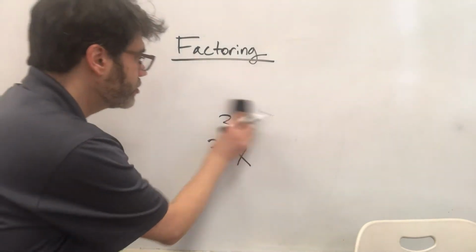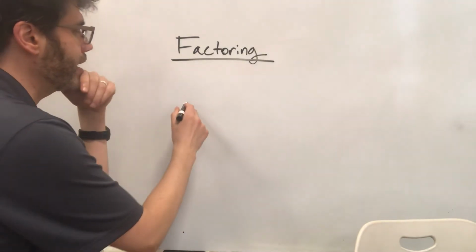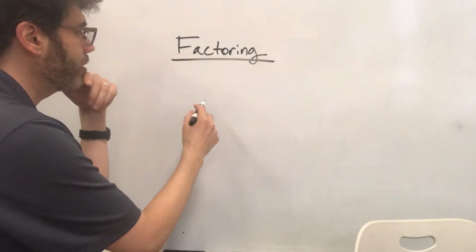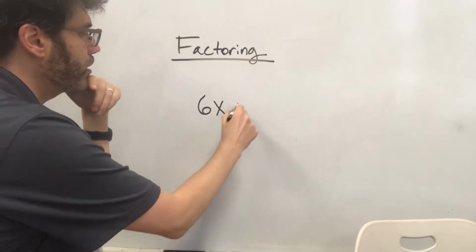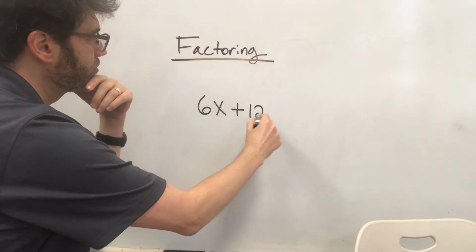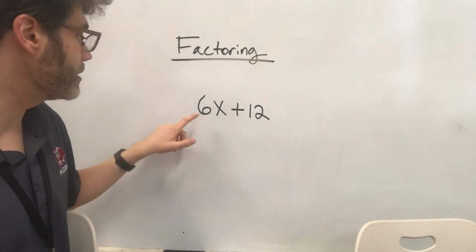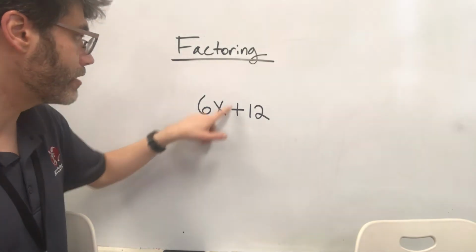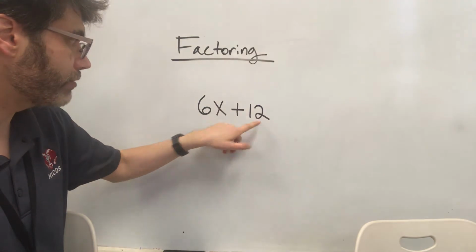Okay, so let's say that we have something like, maybe 6x plus, how about 12? Okay, this is an expression, all right? It's 6 times x, and this product, 6x, is going to be added to 12.